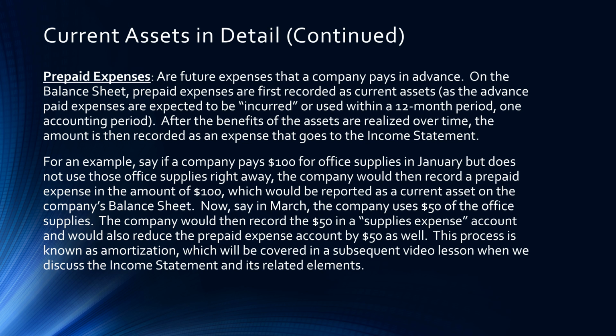Now, say in March, if the company uses $50 of those office supplies, the company would then record the $50 in an expense account and would also simultaneously, which is at the same time, reduce the prepaid expense account by $50 as well. This process is known as amortization, which will be covered in a subsequent video lesson when we discuss the income statement and its related elements.